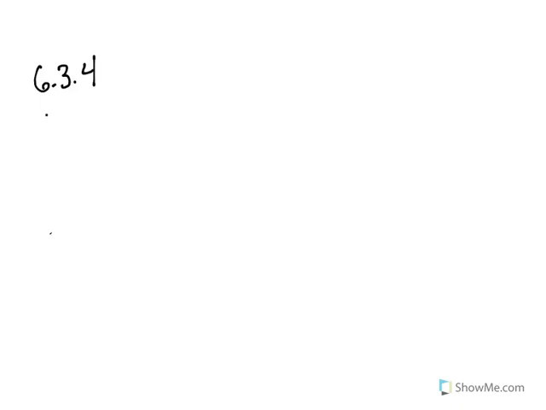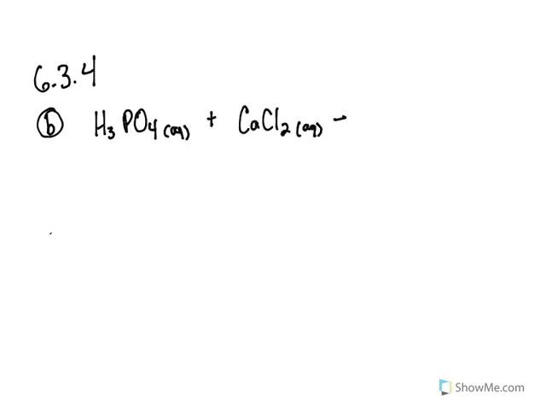So part B is going to go the same way, except this time we are taking phosphoric acid and we are adding calcium chloride. And once again, this is going to be a double replacement reaction where we are going to create calcium phosphate, which I have to balance the charges on, so it's going to be Ca3PO4 and HCl.